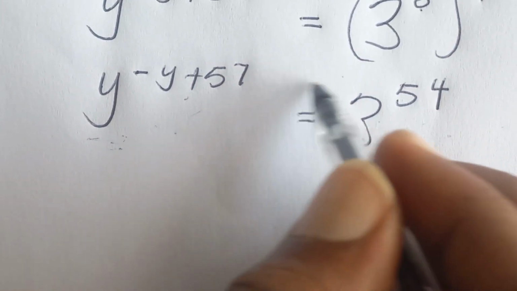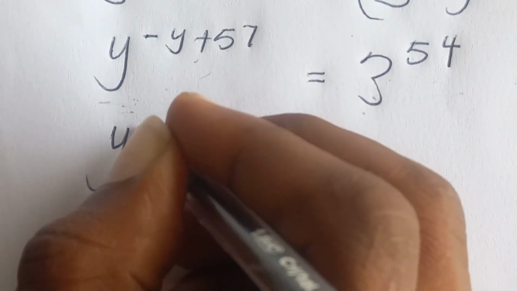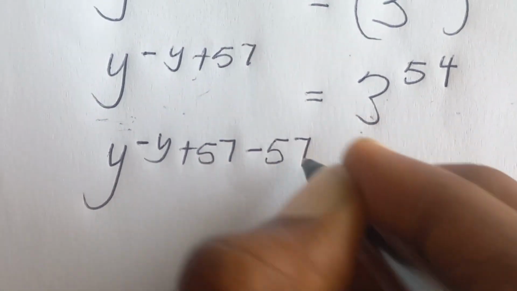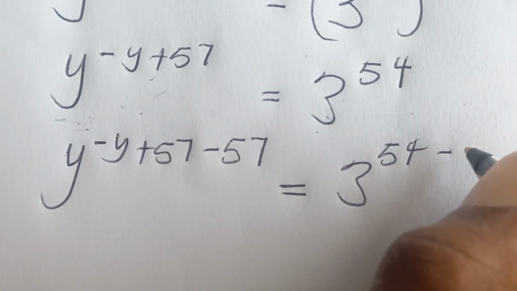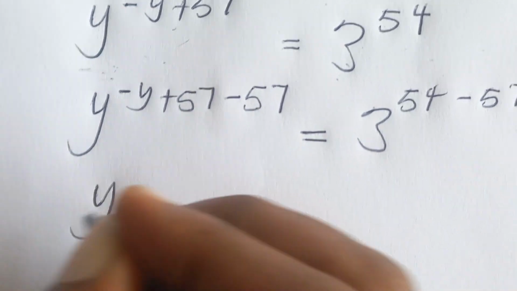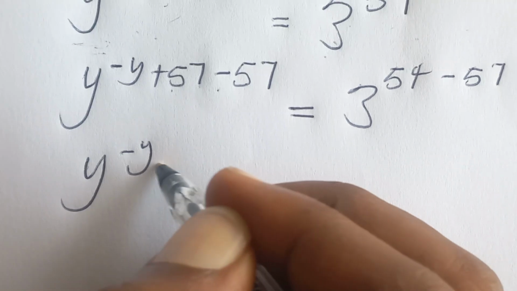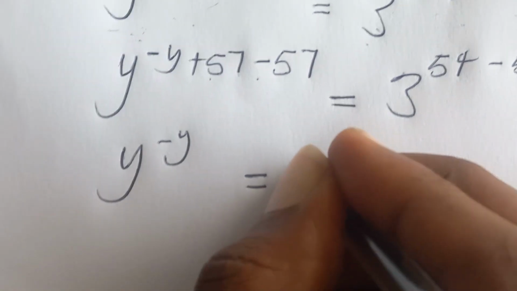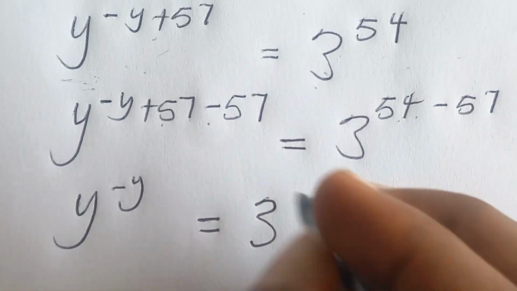We get y^(-y + 57 - 57) = 3^(54 - 57). So 57 minus 57 gives 0, and it will be y^(-y), which is equal to 3^(-3).